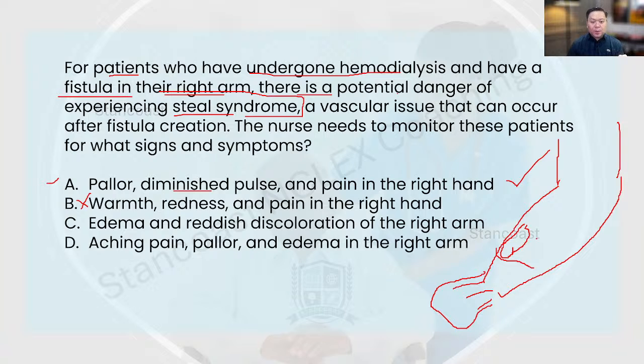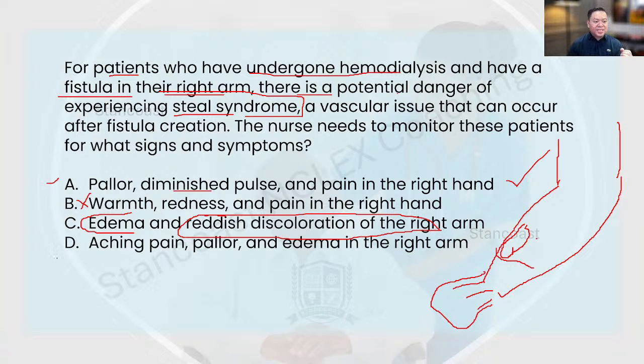Okay? Now, the redness discoloration is more of an indication that there is some sort of inflammation or infection, or could be a congestion in the venous circulation. So it's not going to target arterial insufficiency. So again, the edema and the reddish discoloration are not going to signal that the patient has an arterial problem.